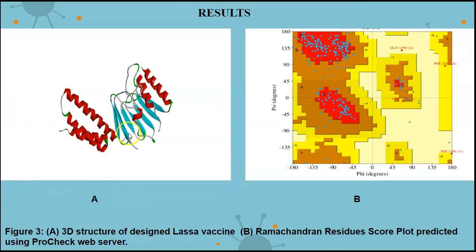This is the tertiary structure of the messenger RNA Lassa vaccine as shown in figure 3A, and the Ramachandran plot score shows that the construct is present in the highly favorable region of amino acid sites.